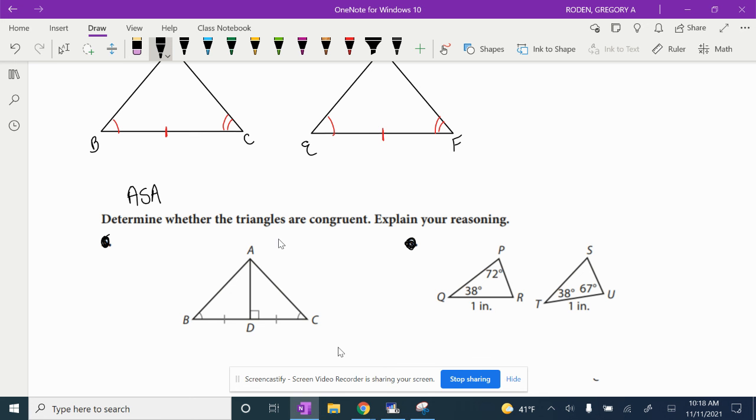All right. Now, if we're looking at this triangle right here, well, can I say that triangle ABD is congruent to triangle? Now notice I have to go back to A, triangle ACD.